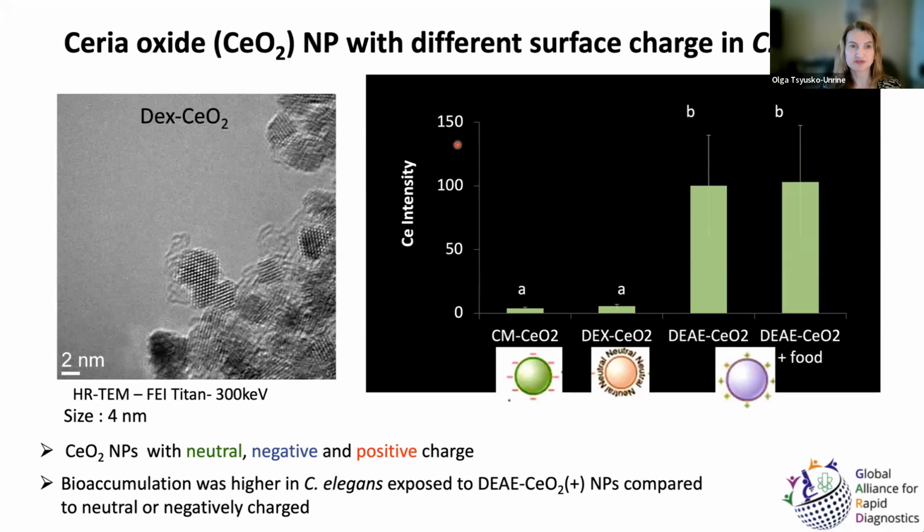And this is an example with cerium oxide in one of the model organisms, C. elegans. The cerium dioxide is 4 nanometers, so the same size, with 4 different coatings. And indeed in C. elegans, the cerium dioxide with the positively charged coating is the one that results in the highest accumulation, and it doesn't matter whether the nematodes are with phytin or without phytin.